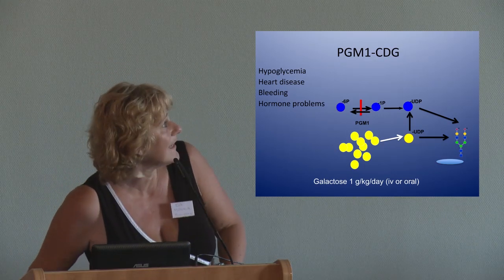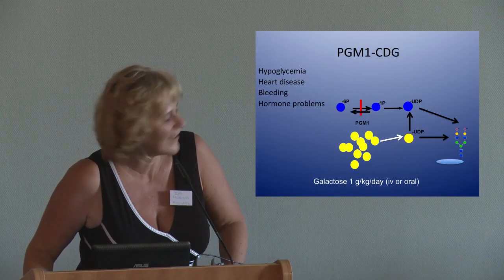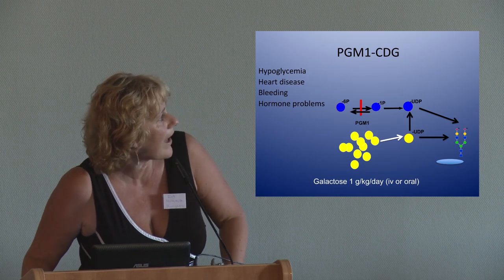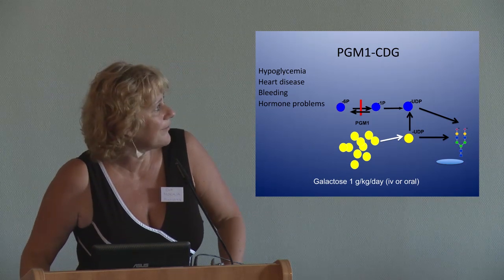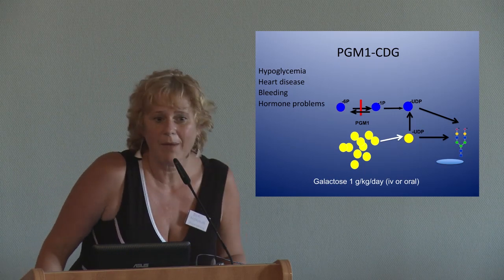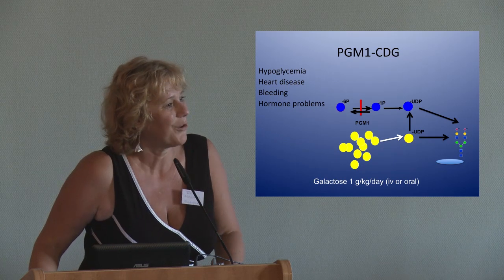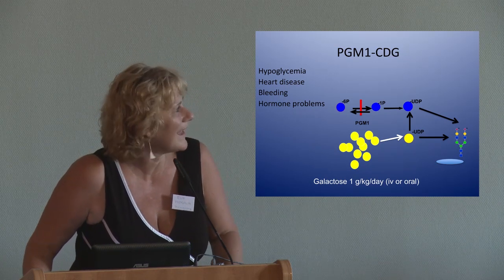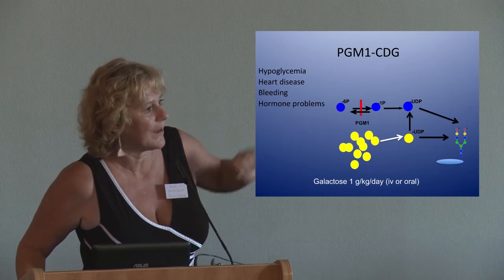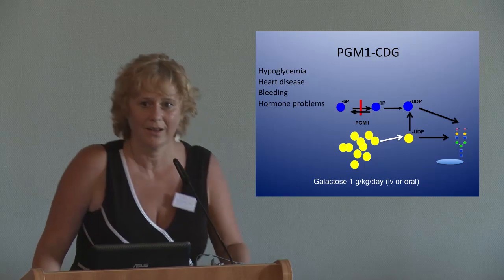Here you see the glucose. The glucose is the red dot. The enzyme deficiency is here. You see you have a block in your activated sugar metabolism. And remember, the activated galactose is communicating with the pathway of the activated sugar. And then both are important to get into your sugar antenna.